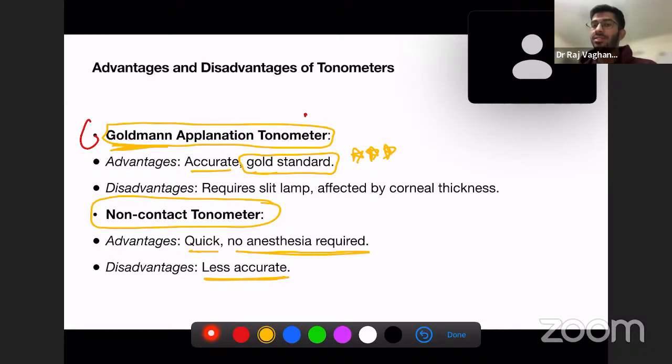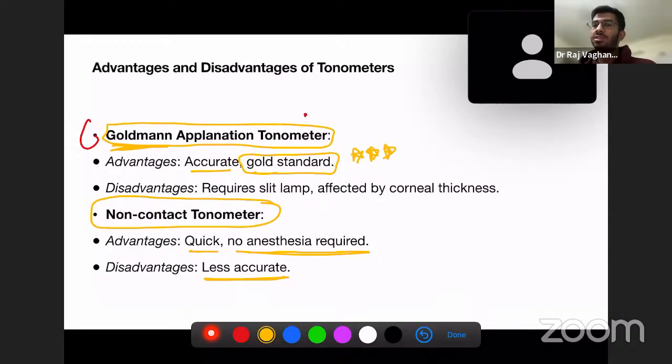But in recent advancement, more and more non-contact tonometers are being preferred because the patient does not want the tonometer to touch their eyes. Sometimes it is painful for them, because the anesthesia becomes soft after some period of time.